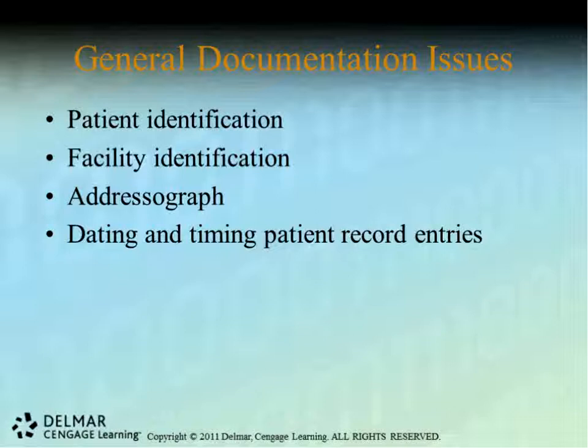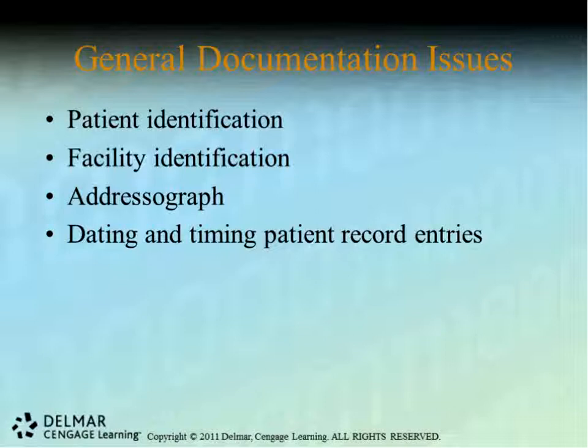So your Joint Commission and your Medicare conditions of participation have a lot of parameters on our documentation process. Amongst that, we also are required to have patient identification on the documents in the record. As a matter of fact, your patient identification as well as your facility identification needs to be on each form or every screen, if it's an electronic record, front and back, so on both sides.